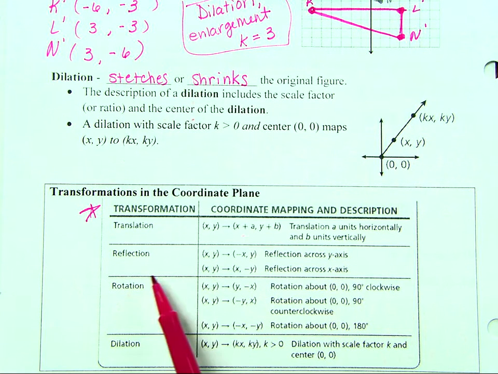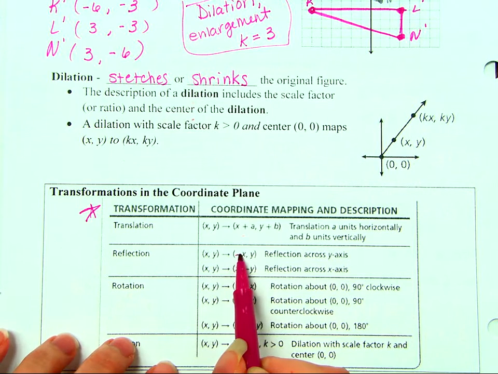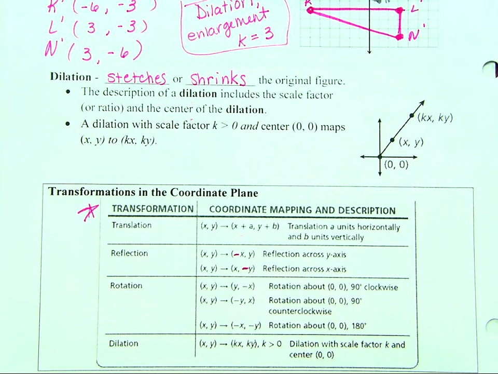Anytime we put a negative sign in, like here, we are going to end up with a reflection. So when we have a negative x, I have a reflection over the y-axis, or a negative y is a reflection over the x-axis.